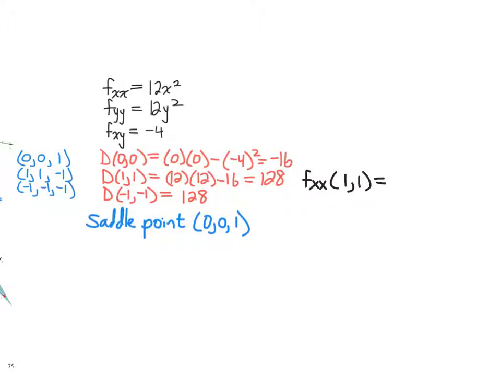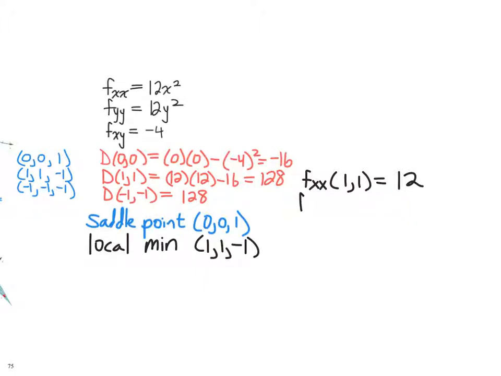Can't get out of my own way sometimes. So that's just a 12. That's greater than 0. So we now know that at 1, 1, negative 1, what happens when my second order partial is positive? What do my conditions tell me? Either minimum or maximum, but it's minimum. Yeah. Local min.